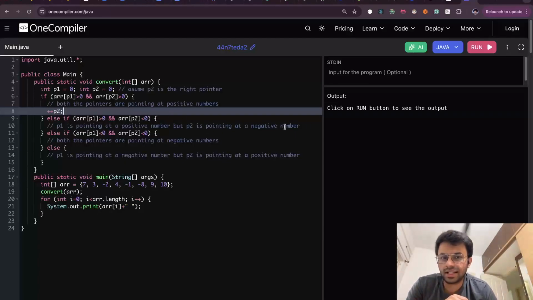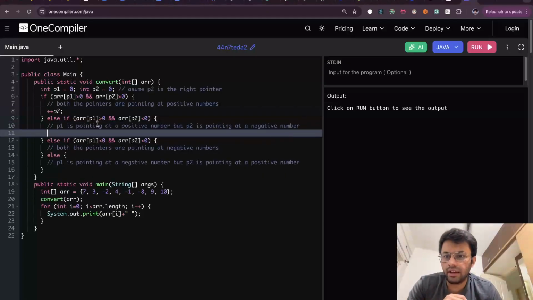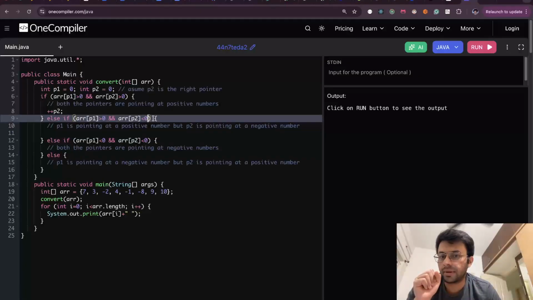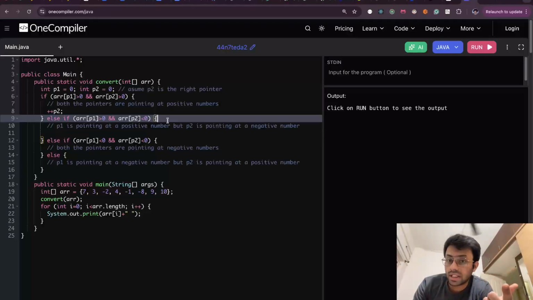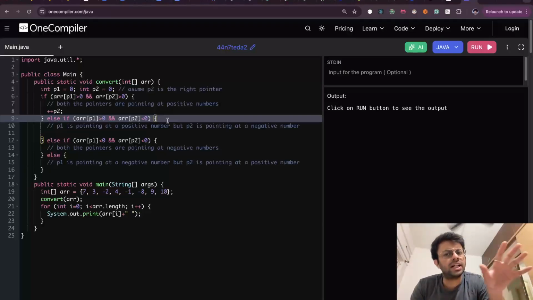Now, if P1 is pointing at a positive number and P2 is pointing at a negative number, then P1 should be pointing to a negative number since it is the left one, but it is pointing at a positive number. And P2 should be pointing to a positive number, but unfortunately it is pointing at a negative number. So both are wrong.